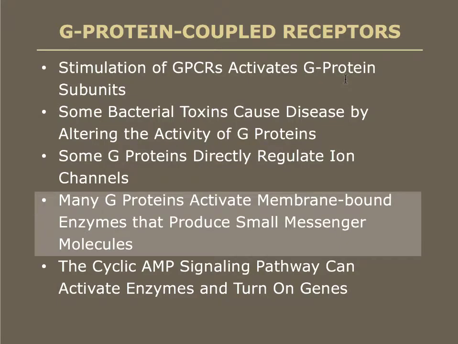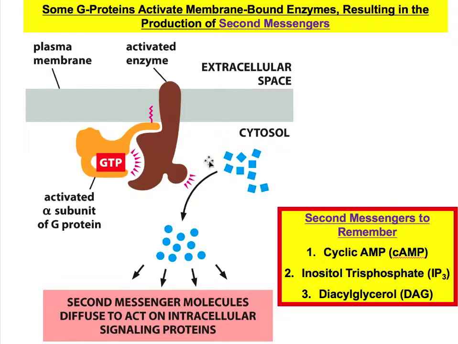In alternative systems that we've discovered in other cells, something different happens. Here we see that the activity of the beta and the gamma subunit results in the conversion of some chemistry within the cytosol of the cell. So here it's not opening an ion channel, it's converting these squares into circles.